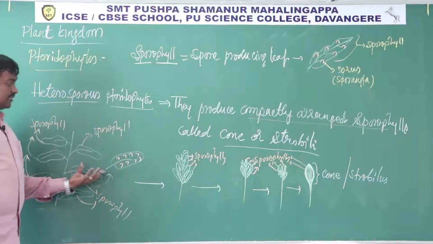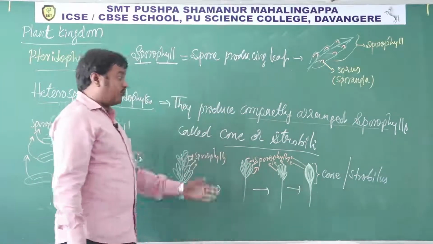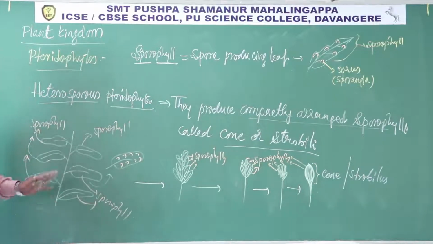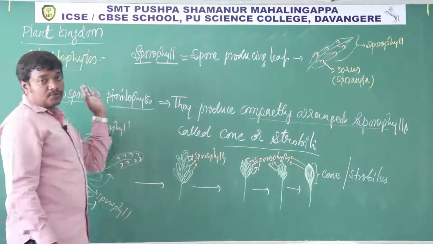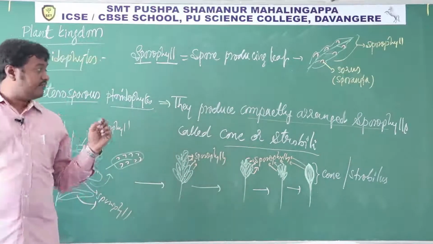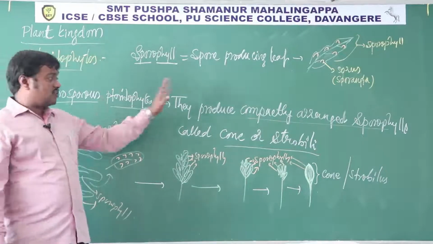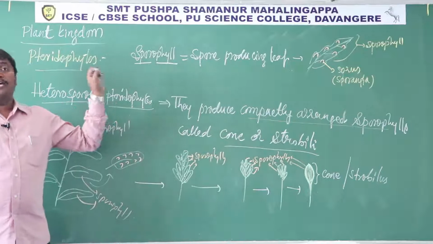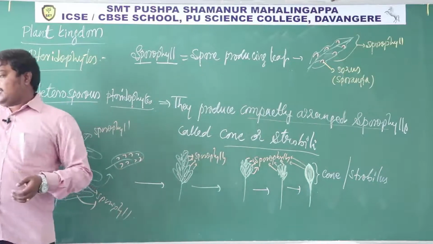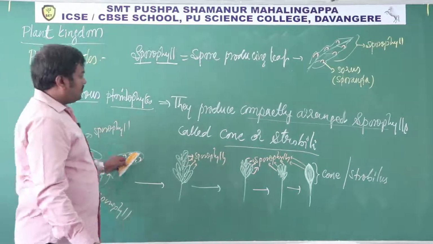Then they are compactly arranged to form a cone. That is one more difference between homosporous and heterosporous pteridophytes. In homosporous pteridophytes there is no formation of cone-like structures; instead, in heterosporous pteridophytes a cone-like structure is produced. Hope you understand that structure now.